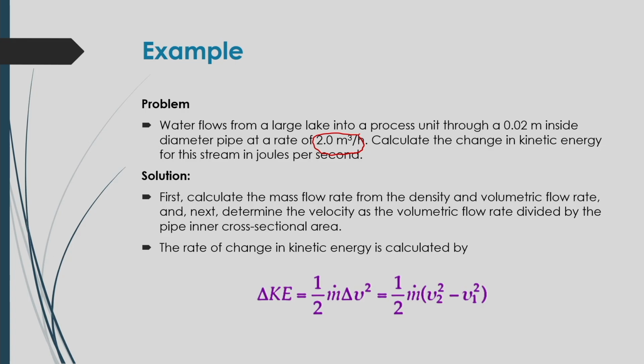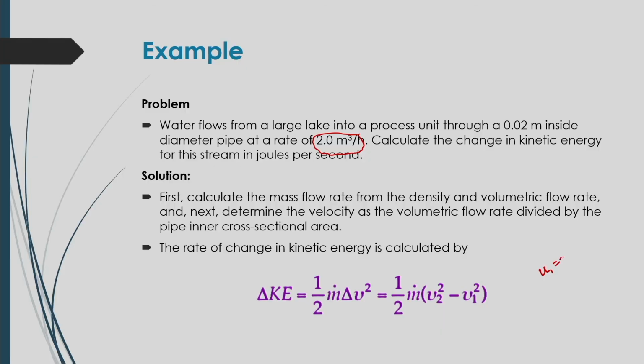Now, this velocity will be through the pipe from its initial condition. Initially the fluid was at rest. So, the initial velocity of that fluid will be 0.